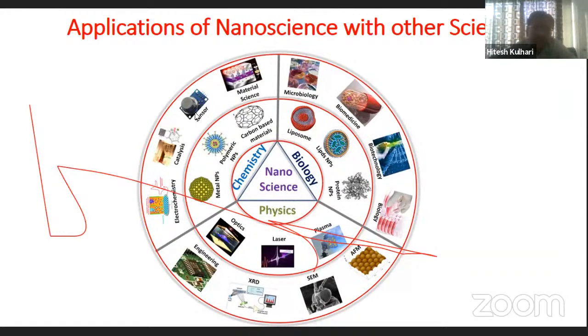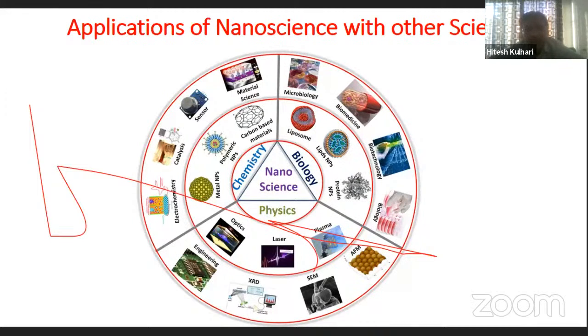In sensing technology, various sensor chips are being designed, for example for glucose detection, or sensing of gaseous materials or other important biological and chemical materials. They can be sensed using nanotechnology at a faster rate.